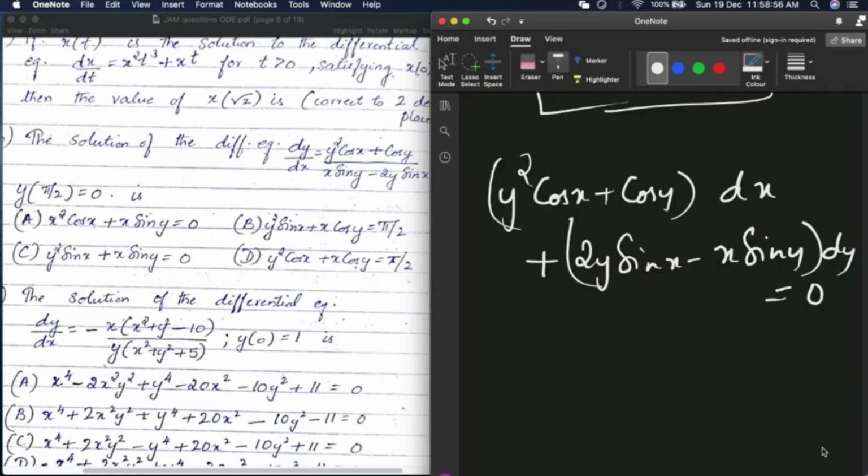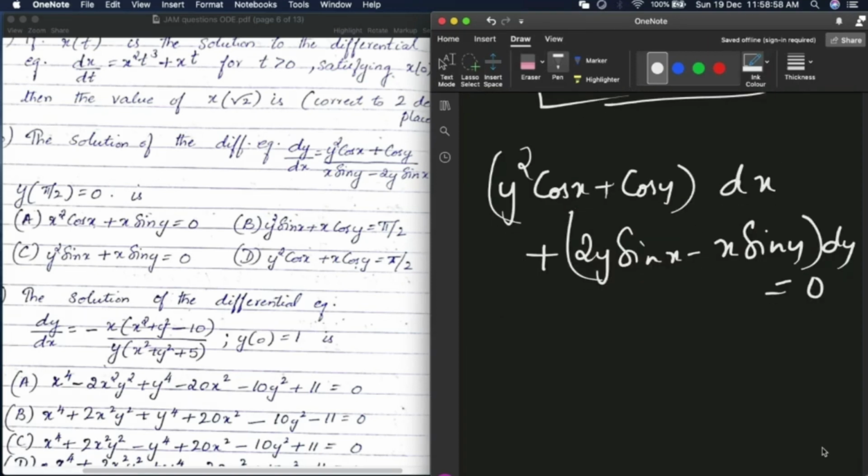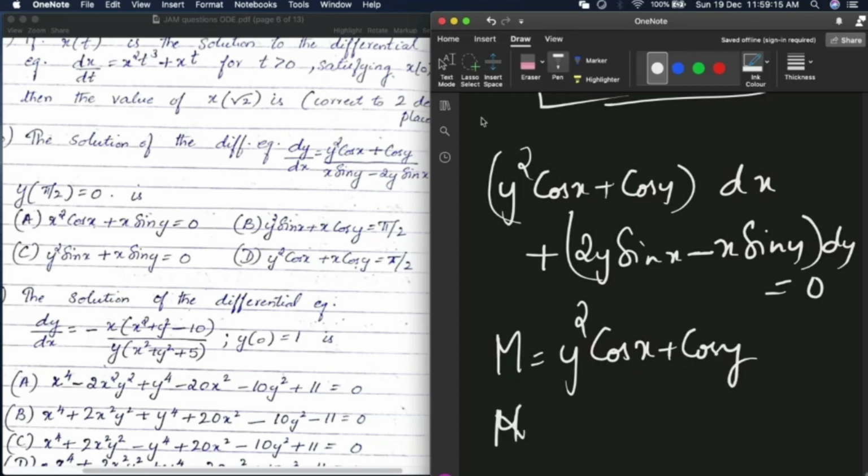I have adjusted the minus in this. So your m is y square cos x plus cos y, and your n is 2y sin x minus x sin y.